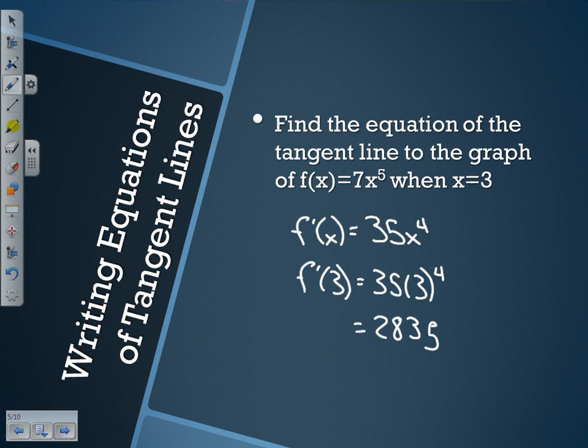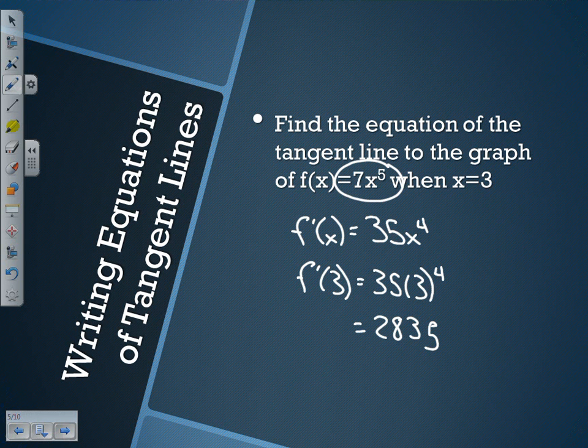Yeah. Because what's it actually want? The equation. To write an equation, I need the slope, and what other two things do I use? So which one do I need to find still? So I have when x is 3, plug it in to figure out what y is going to be at that point. And I want to know the point, so I'm plugging it into the original one.